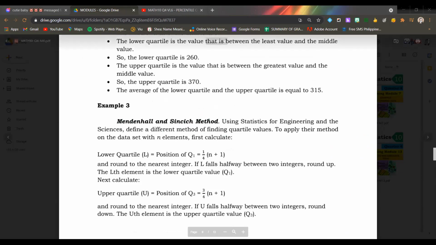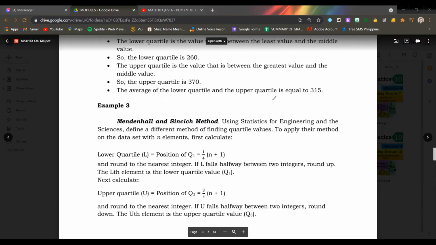Diba? Una, yung ginagawa natin, ina-arrange natin, right? Pangalawa, naglo-locate tayo. Ano yung ginagawa natin pag naglo-locate tayo? Pag naglo-locate tayo, ina-add natin sa 1 yung n, tapos dinidivide natin siya to 2, di ba, kapag median. Ngayon, dahil quartile to, hindi natin siya i-divide sa 2.